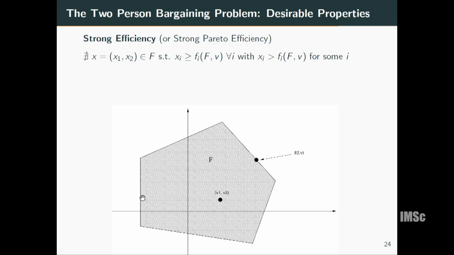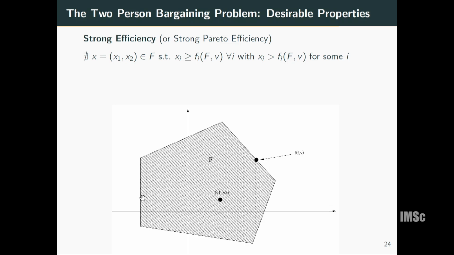So, what you are saying is, suppose the set that I am looking at is my F. Then which are the points that satisfy strong efficiency? This line.